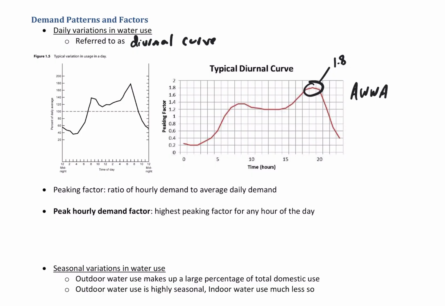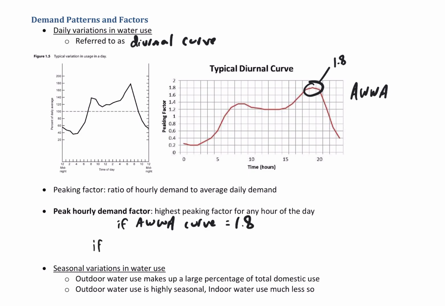So knowing now what a peaking factor is, we can say what is the peak hourly demand factor, the highest peaking factor for any hour of the day. Well, if we're using the AWWA curve, then our peaking factor is going to be 1.8.